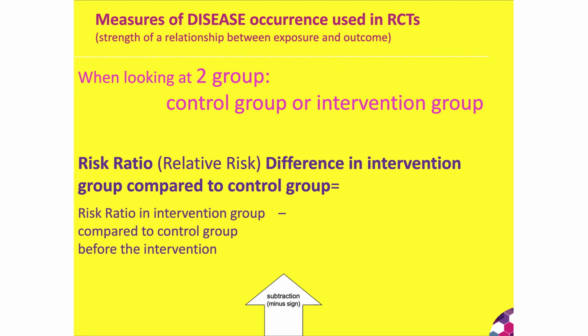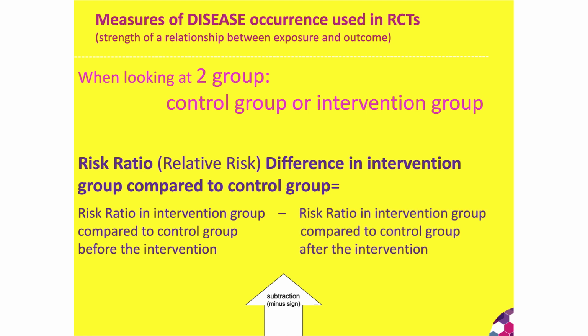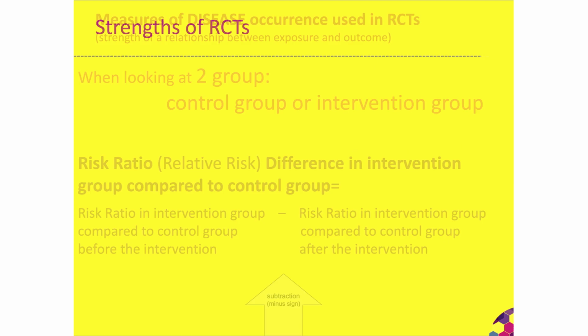So you have the risk ratio in the intervention group compared to the control group before the intervention minus the risk ratio in the intervention group compared to the control group after the intervention. So it's the risk ratio before the intervention takes place and the risk ratio afterwards, and you subtract one from the other. And that's a risk difference or risk ratio difference.